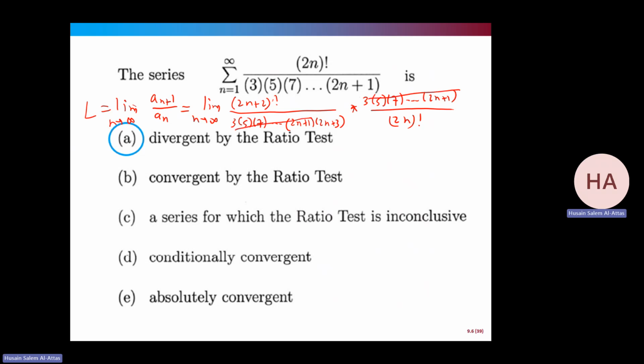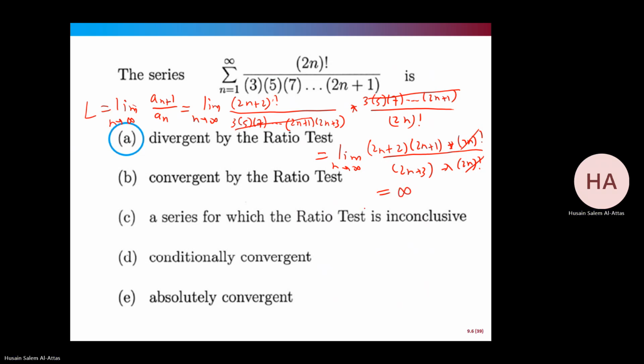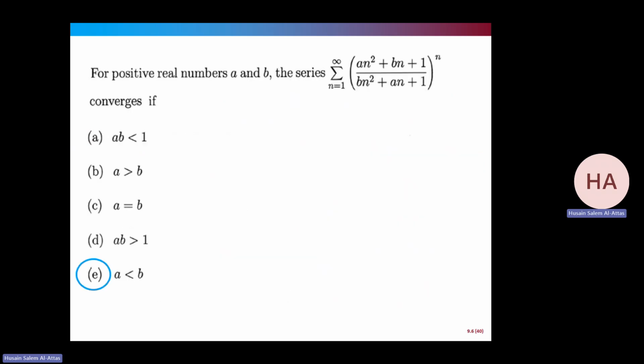This is cancelled with this. So what you have is the limit as n goes to infinity. You need to open two terms. So I have 2n plus 2, 2n plus 1, times 2n factorial over 2n plus 3 times 2n factorial, cancelled. So I have second degree, it will go to infinity. So it will be divergent by the ratio test, since degree 2 over degree 1.